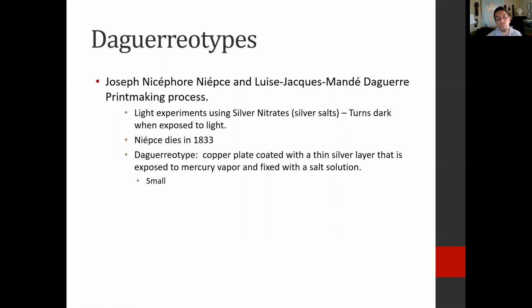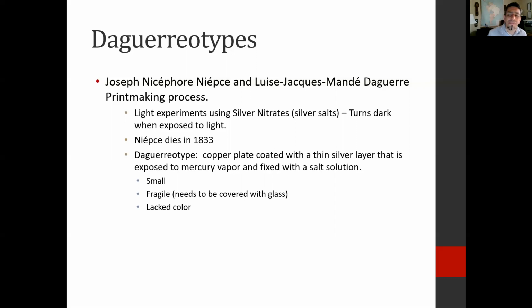Now, once you expose the daguerreotype, there's a few things that are a problem. One is that you have plates that are not very big, so they tend to be small. They're very fragile. Okay, that little coating that it has with silver can be peeled off pretty easily. So normally you have to put a piece of glass in front of it, and it doesn't last too long.